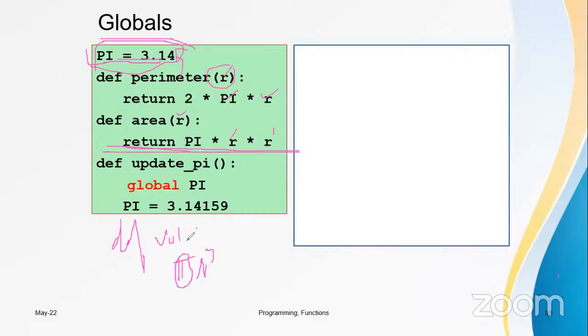Take it with 4 decimal points, that is, declare it as 3.1419 for more accuracy. Only for volume, you use a different pi value. But my program has already got the pi value. Now I want to change it, right? I cannot simply do so, so I have to use the word global. When I use this global word, it will update this value once again as 3.1419. Any function after that will get 3.1419.